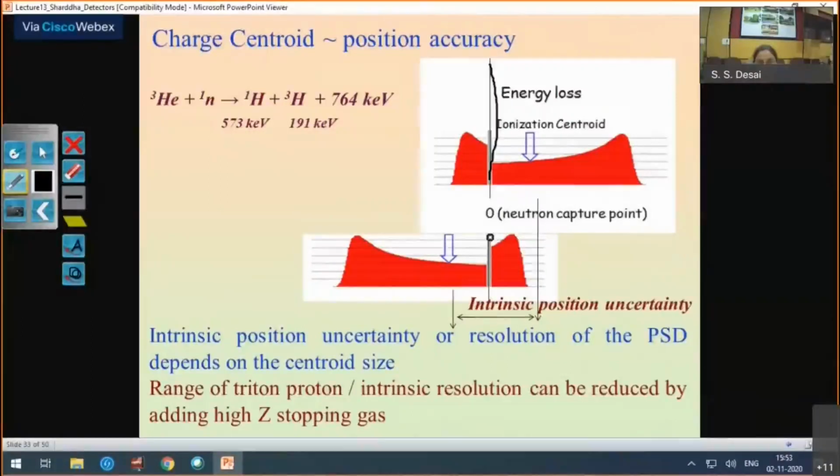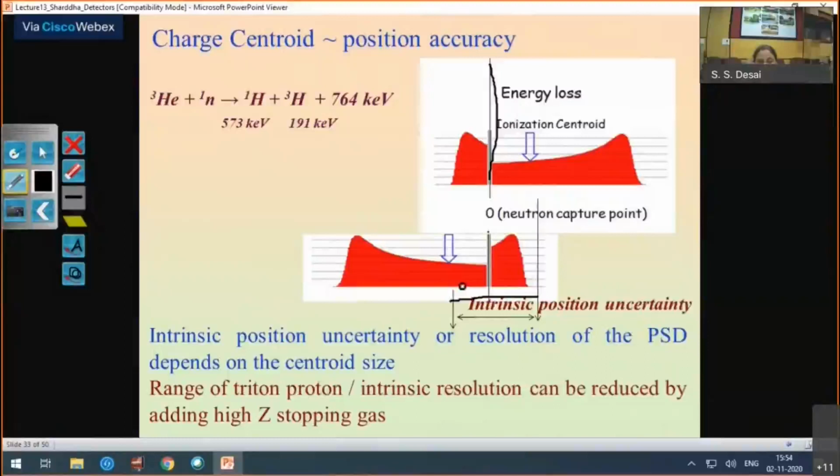Even if the neutron arrives at the same position, there is a probability of isotropic emission of this proton and triton. So between this entire region, there is an uncertainty in the charge centroid. This charge centroid is what you call the position. Between these two probable positions, this is what determines the intrinsic position uncertainty in the detector.